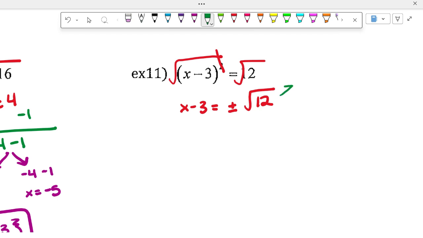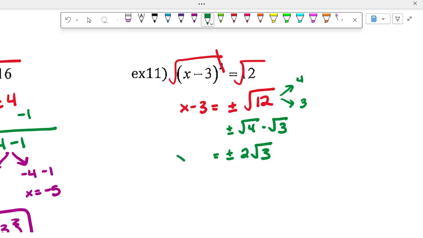So how can I simplify 12? What's my 2 perfect squares? 4 and 3. So I got plus or minus the square root of 4 times the square root of 3, which is plus or minus 2 square root 3.